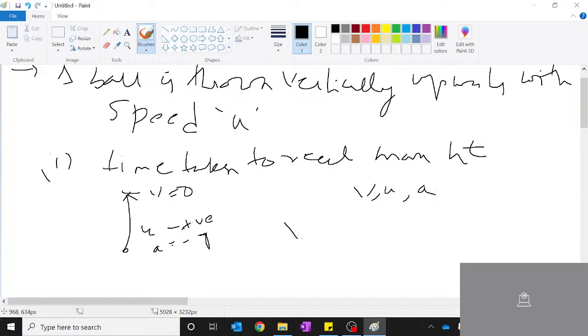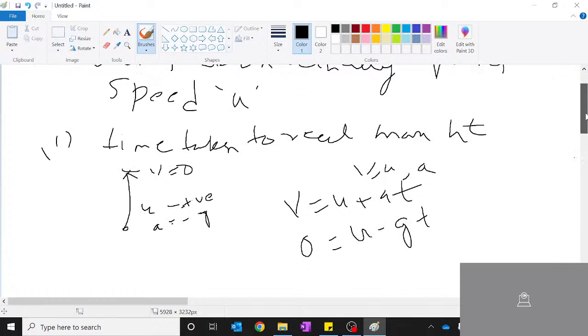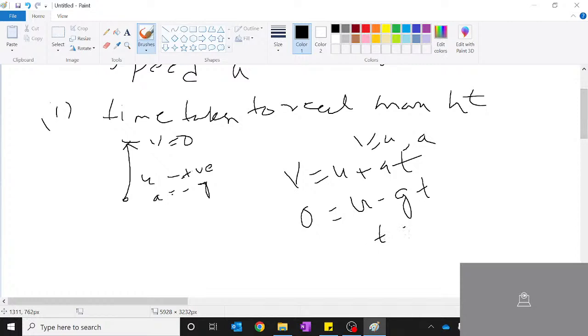So you use the simple equation v = u + at. My v is 0, u is u, a is minus g, and time is t. Therefore t is nothing but u by g. Understood? Simple concept.